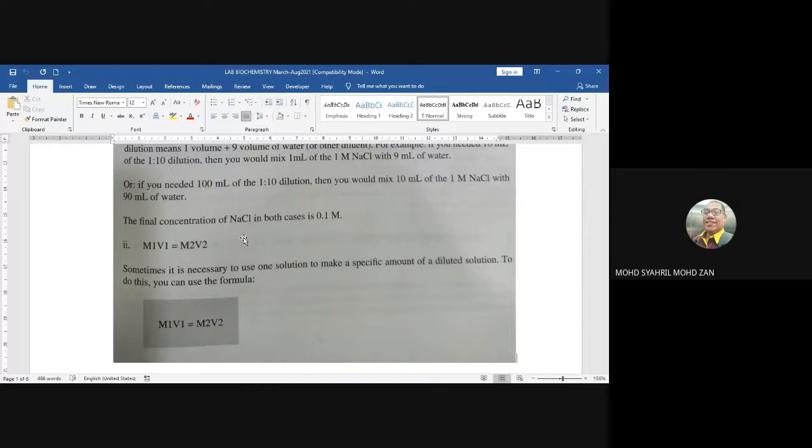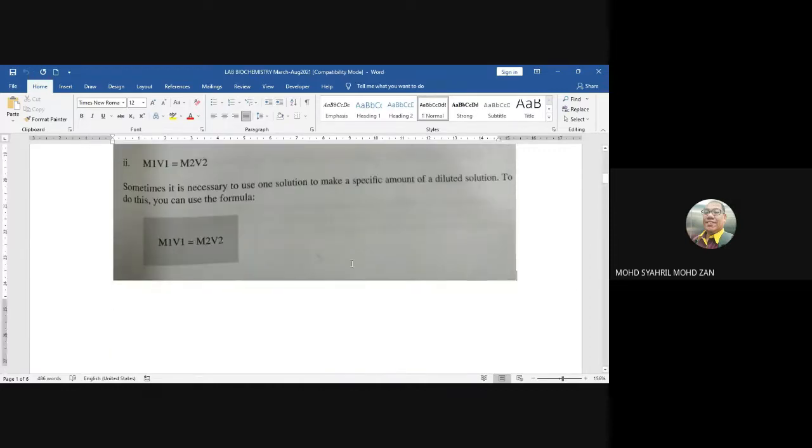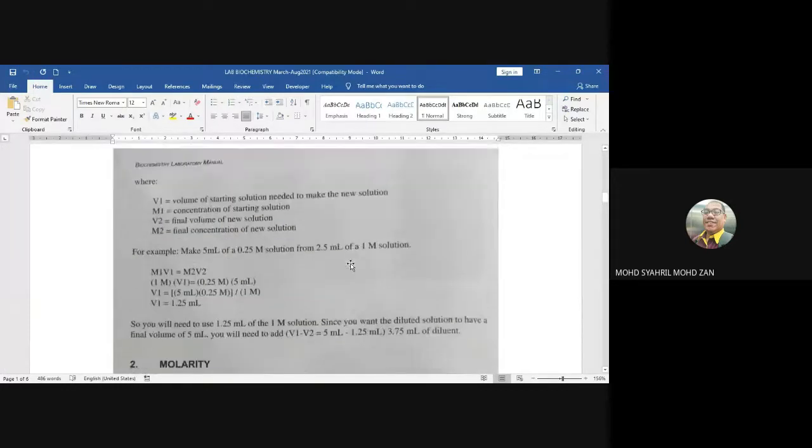So we need this formula to do the job. So what do V1, M1, V2, M2 mean? V1 means the volume of the starting solution which is needed to make a new solution. M1 is the starting solution concentration.